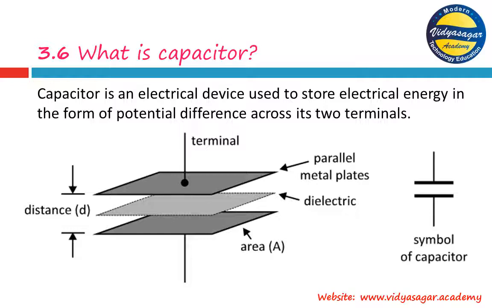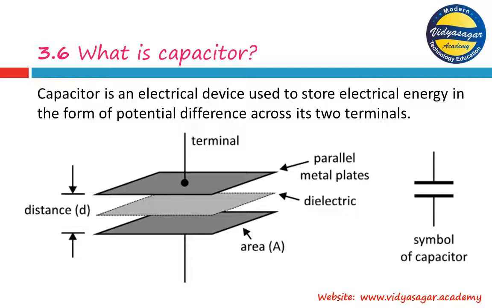Now if you refer to the topic of capacitor in our notes on page number 43, you will see that one formula is given. C is equal to Q upon V, and the most important formula here is C is proportional to A upon D, where A is the area of these two metal plates and D is the distance between the two plates.